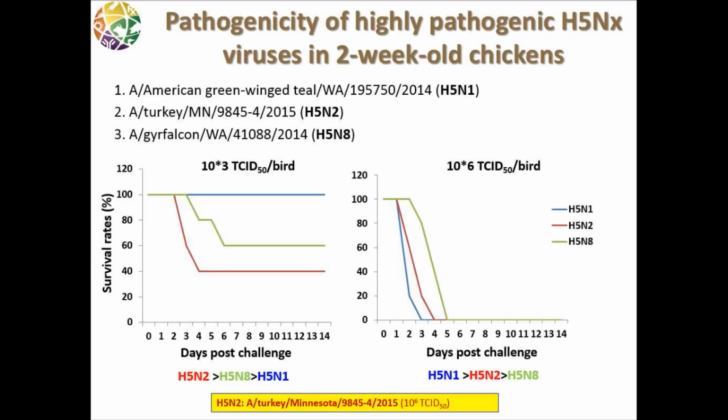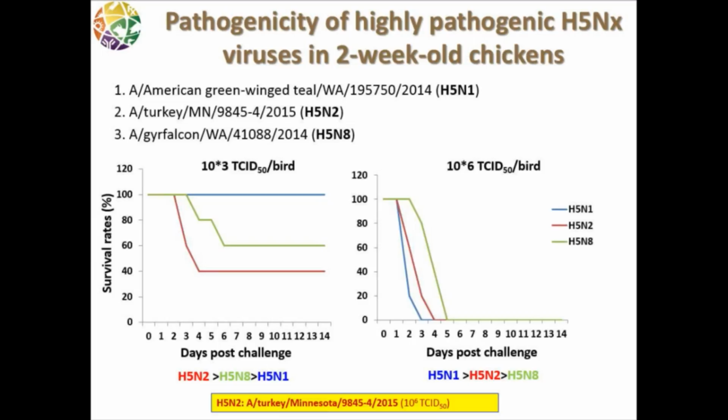At the high dose, all chickens died within 2 to 5 days. When we used the low dose, we noticed some difference. At 10 to the 3 TCID50, none of the chickens died in the H5N1 infected groups.